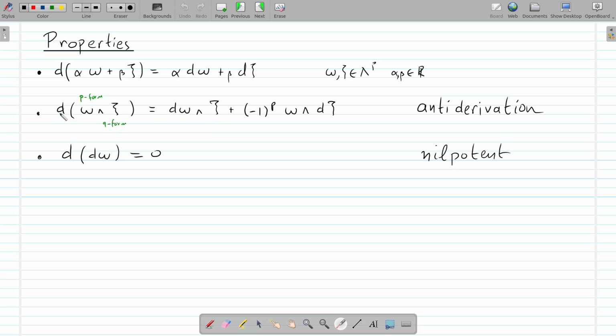The reason is that if d acts on the wedge product of two forms, then we obtain the sum of the action on each one of them, but there is this funny sign here, minus 1 to the p, where p refers to the order of the first form. So this is not a derivation, but it is called an anti-derivation. It is also very important that the operator d is nilpotent, which means that when it acts twice on any differential form, it gives 0.